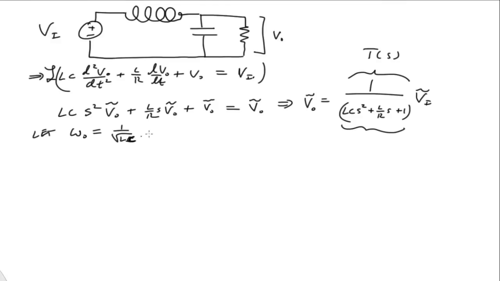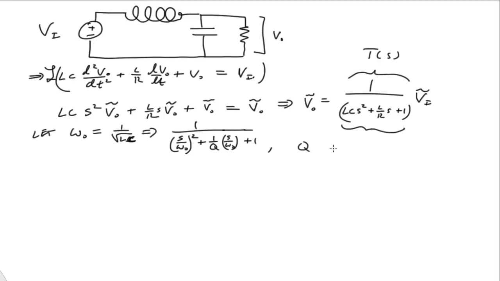Okay, LC, in which case this transfer function becomes as follows. It becomes 1 over (s over omega naught) quantity squared plus what we'll call 1 over Q, s over omega naught, plus 1, where Q is a different parameter now.